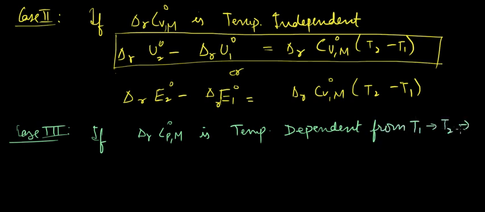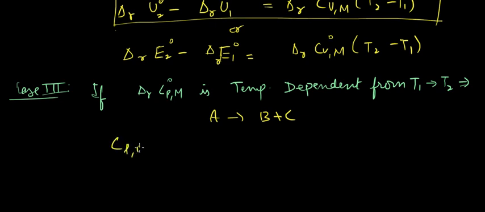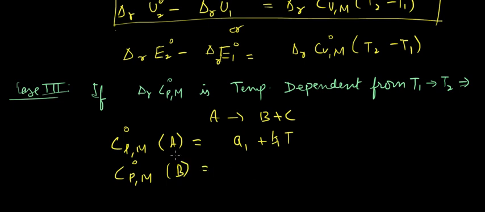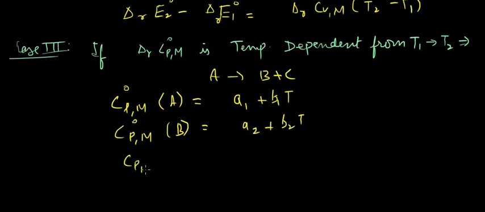Here we can write a reaction in which A goes to B plus C, and here CPM naught for A, let's say, is A1 plus B1T, and similarly CPM naught for product B is A2 plus B2T, and CPM naught for product C is again temperature dependent with A3 plus B3T.